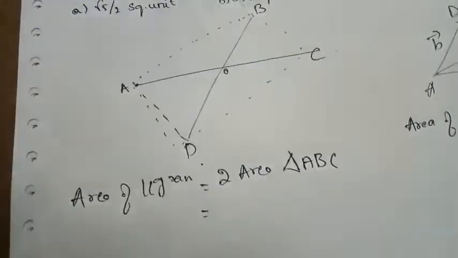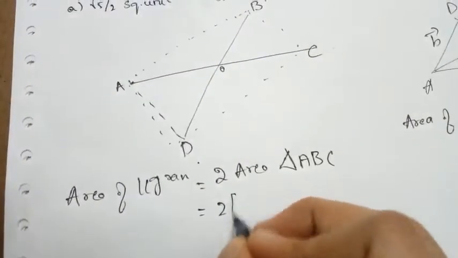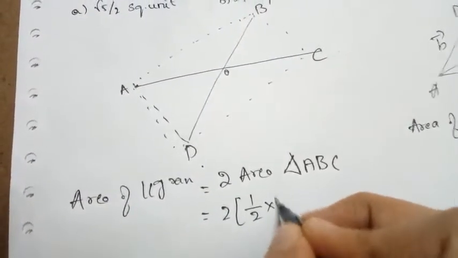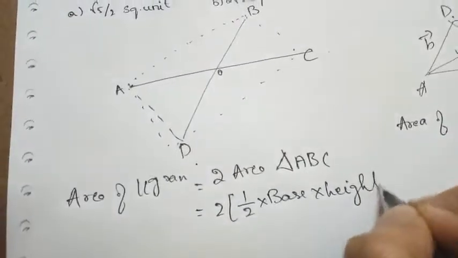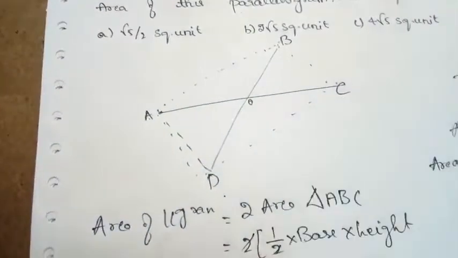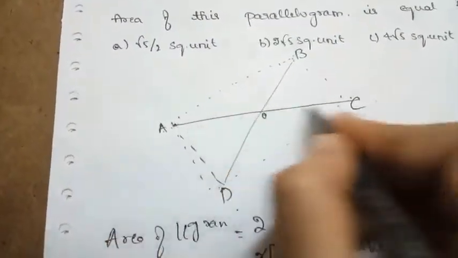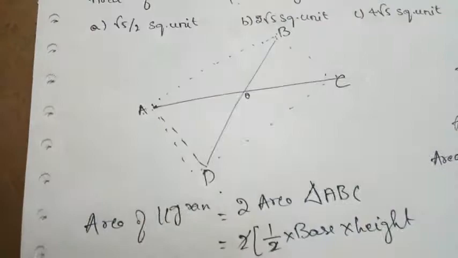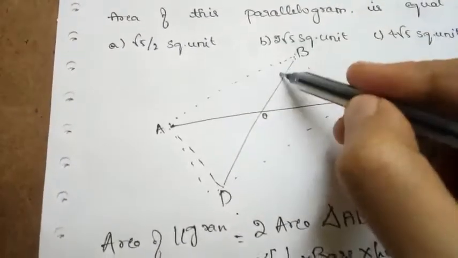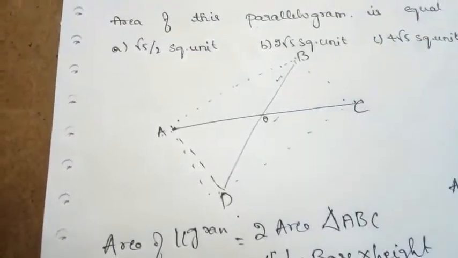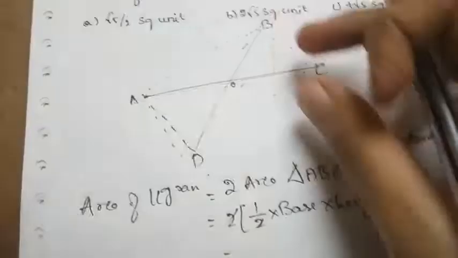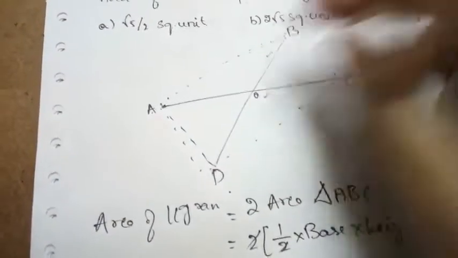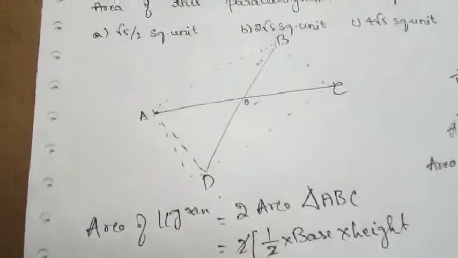So what is the area of triangle ABC? We know that it is half into base into height, right? So the 2 gets cancelled. What is the base in the triangle ABC? I am taking the base as AC. Why AC only? Because we know only the two diagonals of a parallelogram, so whatever we are dealing with here should be concentrated on the two diagonals only, because we have no other data.